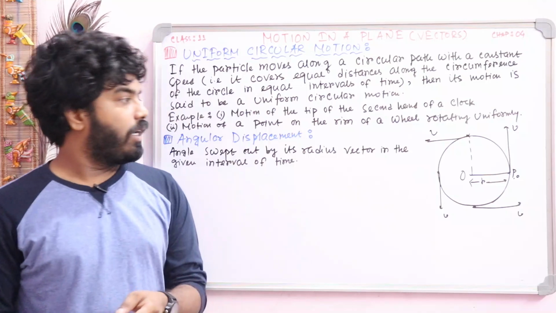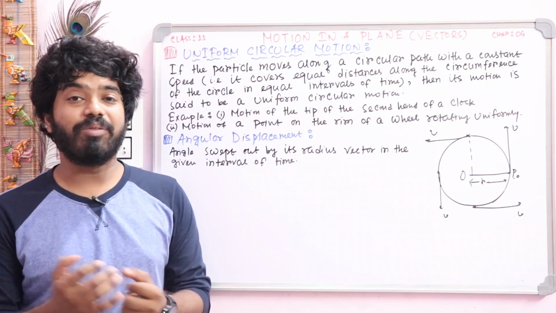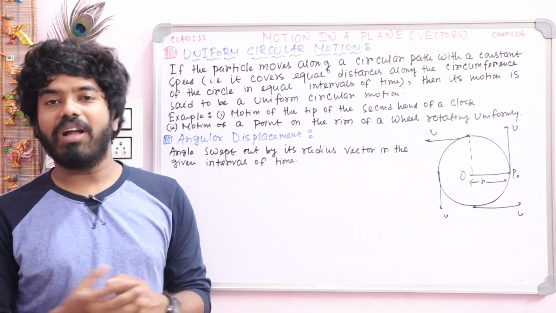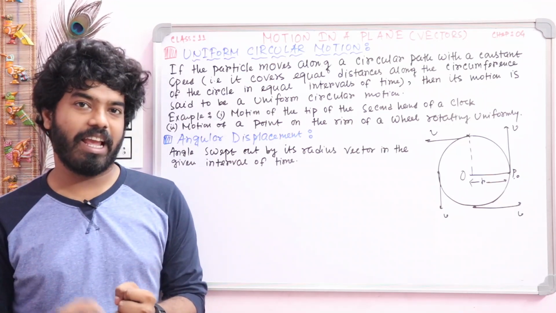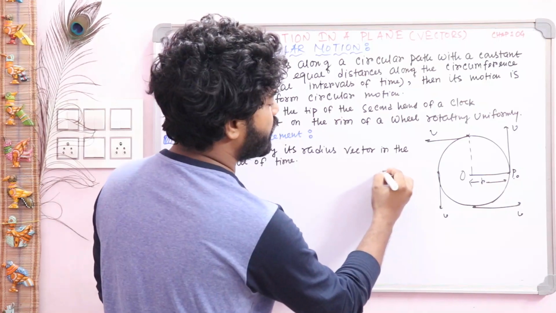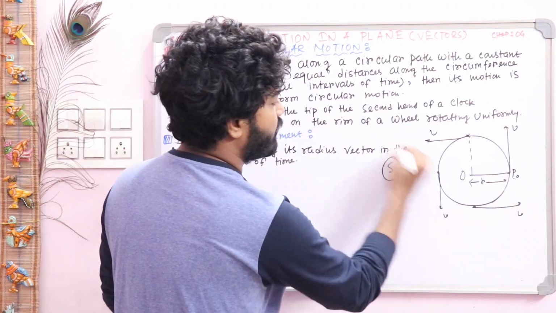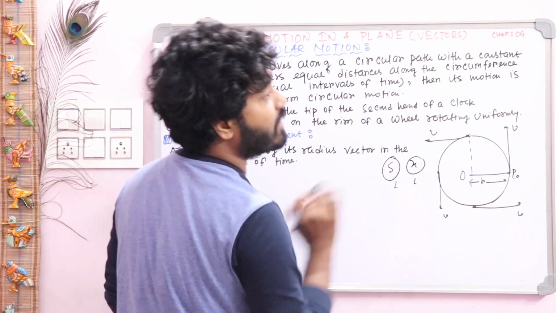Okay, now we will discuss the basic thing about circular motion, which is angular displacement. All of you know about displacement. In motion in a straight line, we discussed this. Displacement is denoted by the symbol S, or you can write x. This displacement is called linear displacement.